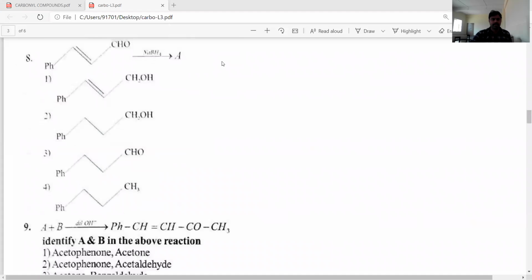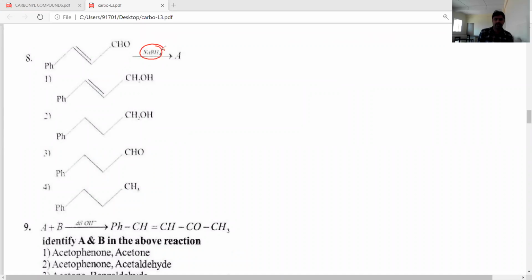Let's see the eighth question. What is the given eighth question, dear students? See, sodium borohydride. Just now we discussed that sodium borohydride cannot reduce the double bond, only the C double bond O group. So the product is Ph CH double bond CH CH2OH. So the first option is correct.